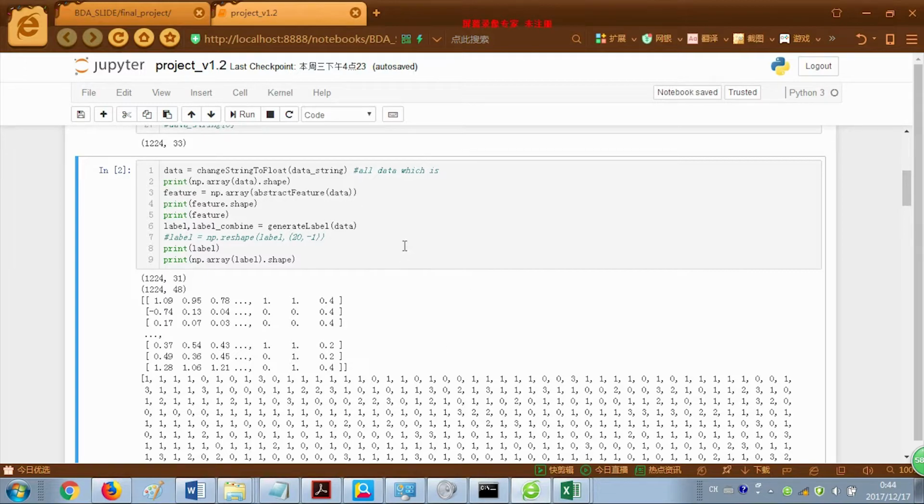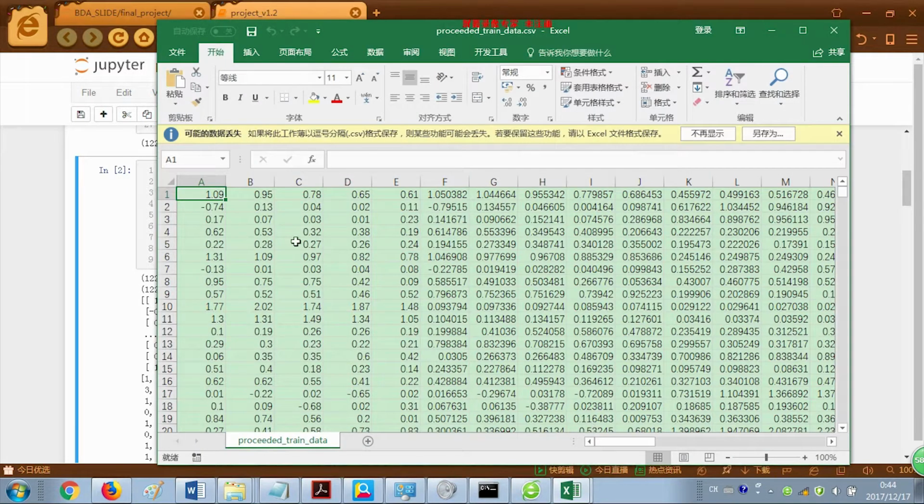As you could see, after we process the data, all of it is resized into a smaller scale. Let me show you this in the CSV file.